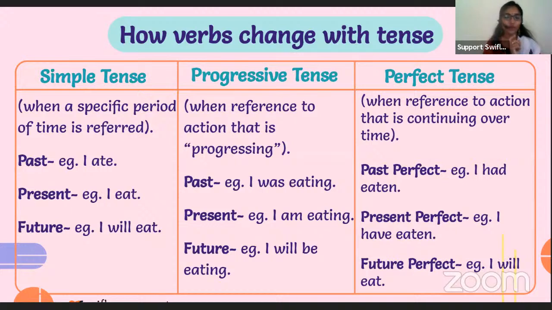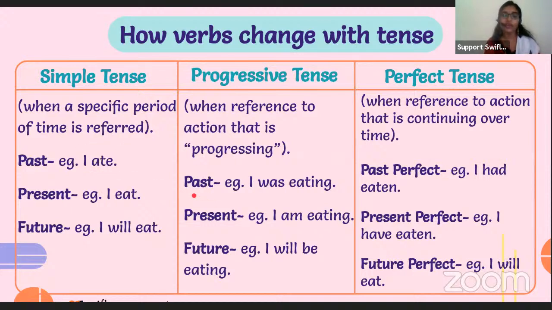Progressive tense is otherwise called continuous, which we use in form. So we say present continuous, past continuous, future continuous. That is called the progressive tense. It is another name given to the continuous tenses.